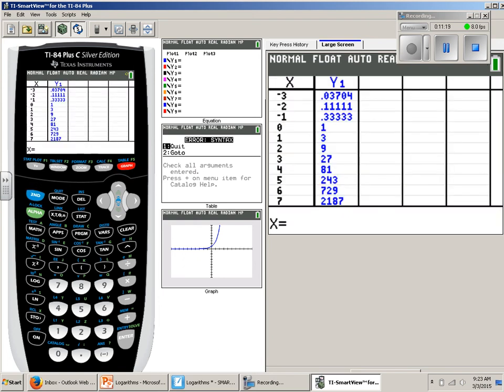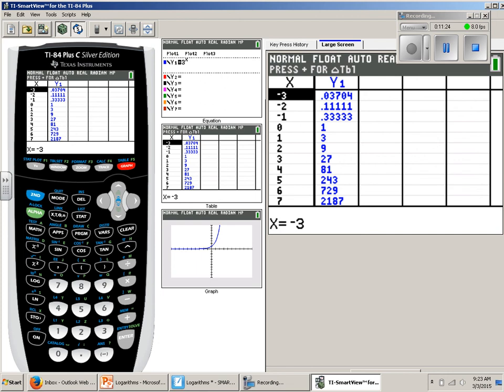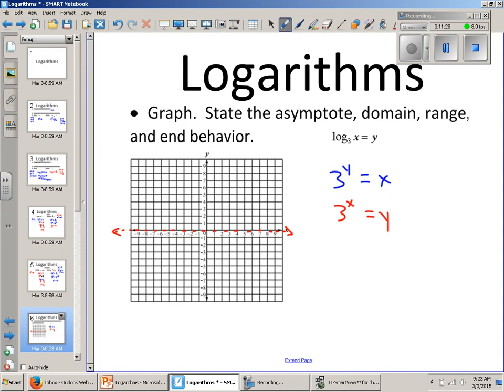We get them from the table. I'm going to get the ordered pairs 0, 1, 1, 3, and 2, 9. I'm going to write those here too.